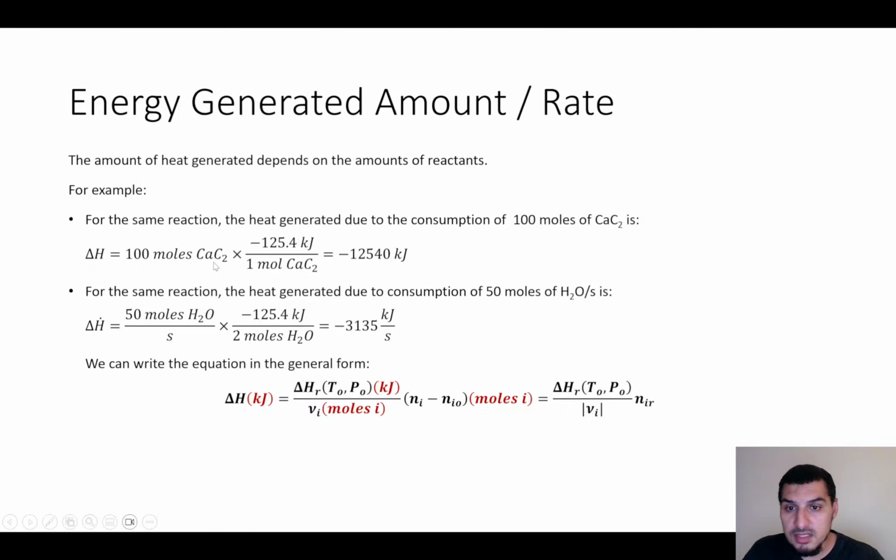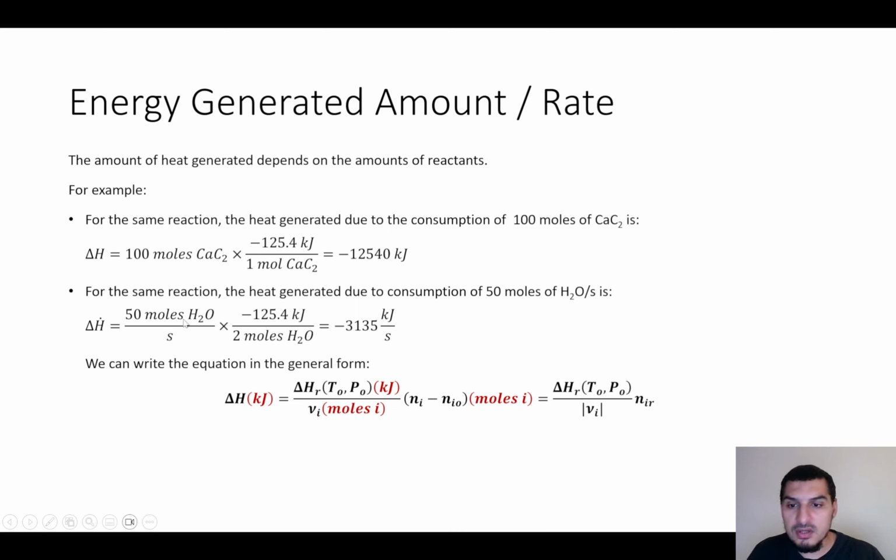So here it is -2, or this should be -1, and at the same time this should be -100, because this is the number of moles final minus initial. So if I have 100 moles and they are all consumed, the final is 0 and the initial is 100, so it's 0 minus 100 divided by -1. So it's the same. And the same here, it should be -50 because it's consumed, so it's the final minus initial divided by the stoichiometric coefficient.